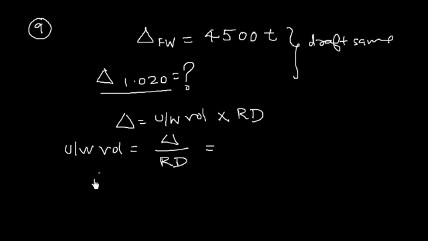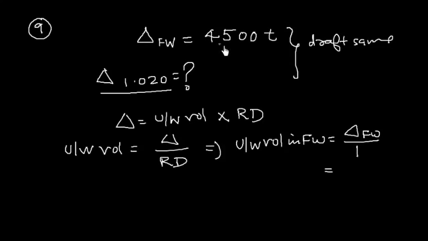So underwater volume in fresh water is going to be displacement in fresh water divided by relative density of fresh water, which is 1, so 4500 divided by 1. This is underwater volume, so it is in cubic meter.